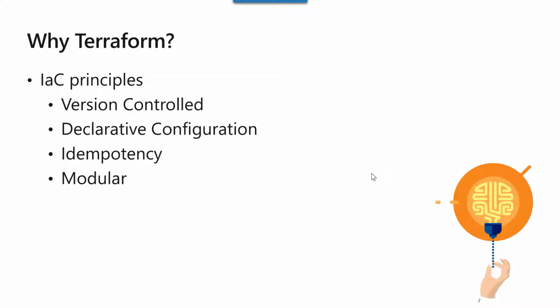Whereas when it comes to declarative configuration, we tell the computer how to configure or provision a specific infrastructure by just describing what you need, right? For example, take Azure PowerShell or Azure CLI: you write multiple commands.